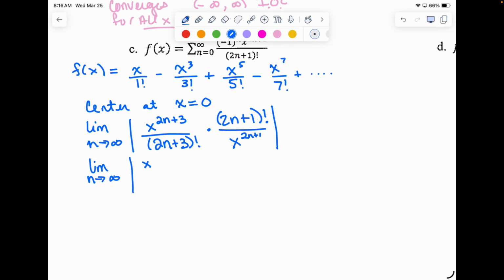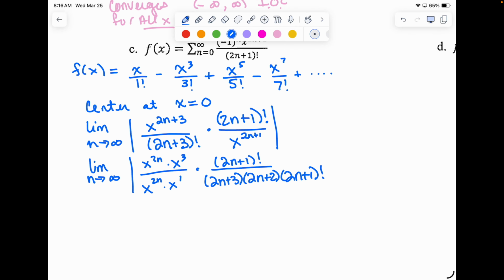So I have x to the 2n times x to the third over x to the 2n times x to the first. I moved all the x's to the left and I expanded that a little bit. Are you okay with it? Okay. Makes it easier to see what cancels, right? And now for my factorials, 2n plus 1 is smaller. So I'm expanding out 2n plus 3, 2n plus 2, 2n plus 1 factorial. There's my absolute value. Here's what cancels.